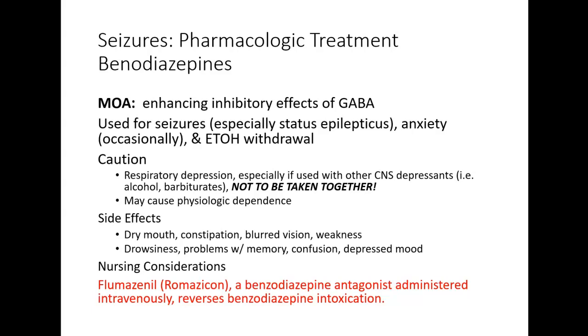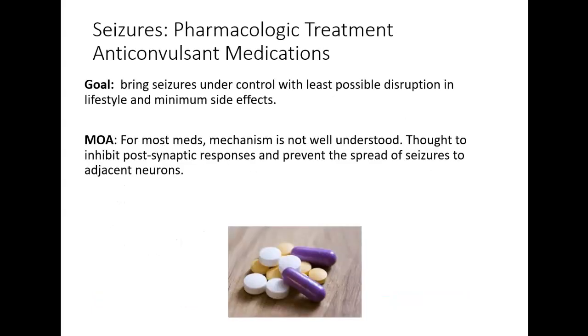It's flumazenil. Honestly, I don't care if you know that for this particular lecture because we've already talked about benzos in other ways for other things. But this is where we take a really common drug that's used for anxiety and sedation, and use it for seizures.